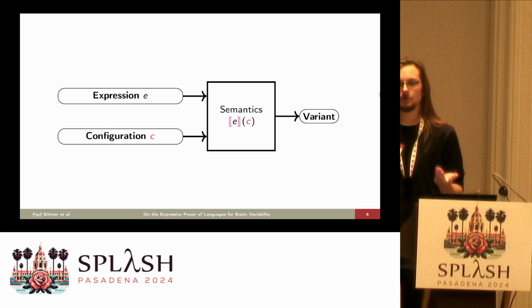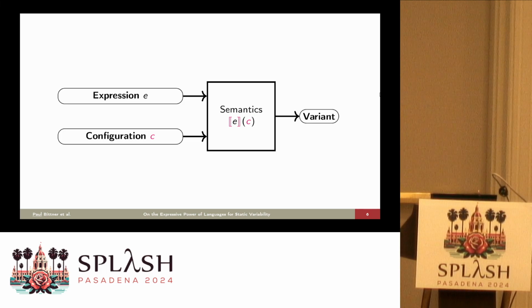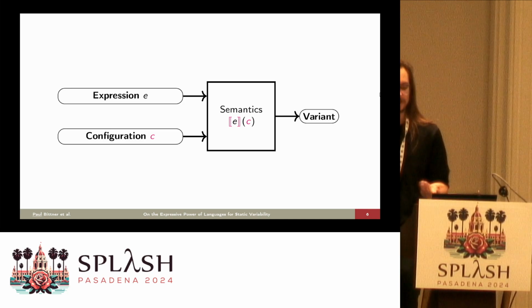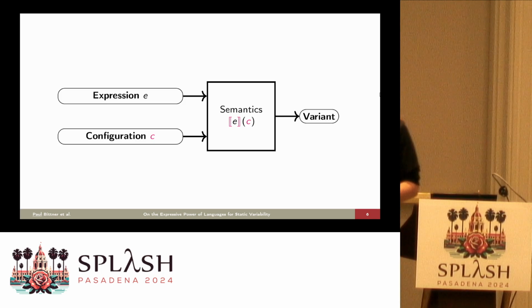So what we do is we want to first see what's the semantics. So what do they describe? Do they describe the same thing? So we want to depict what's the semantics of static software variability. The idea here is that the semantics of an expression is a function that takes a configuration as input, resolves all variability, and gives us a variant.